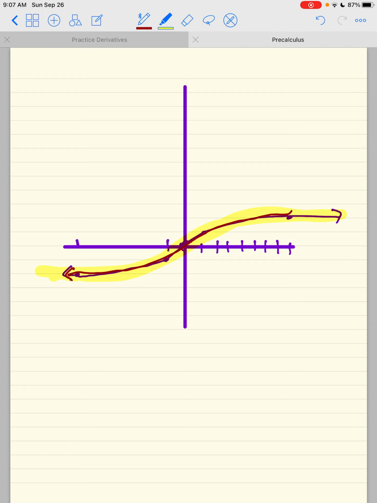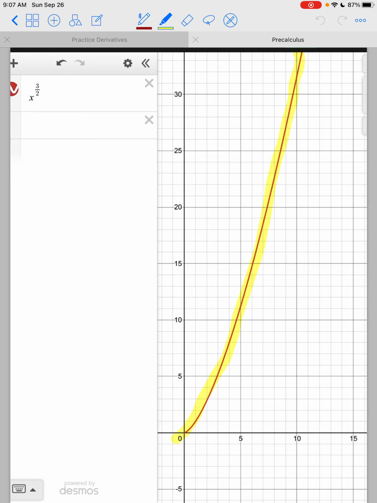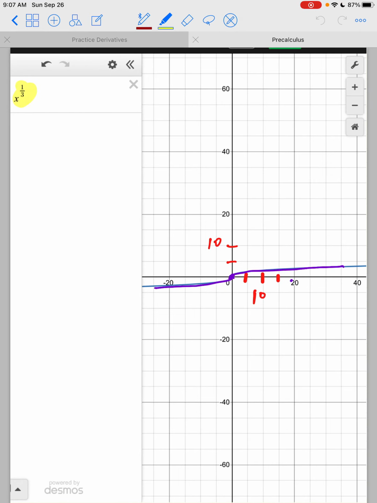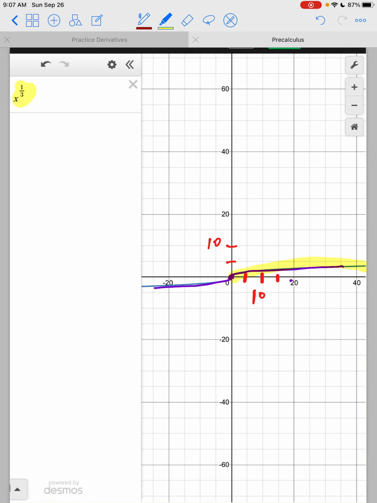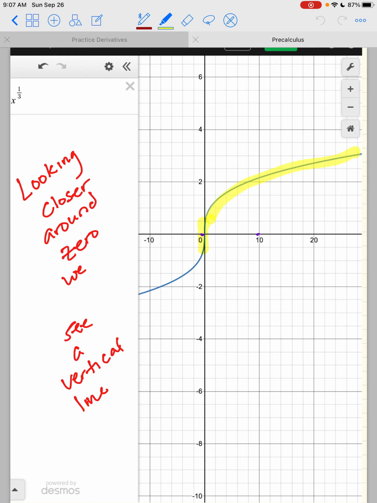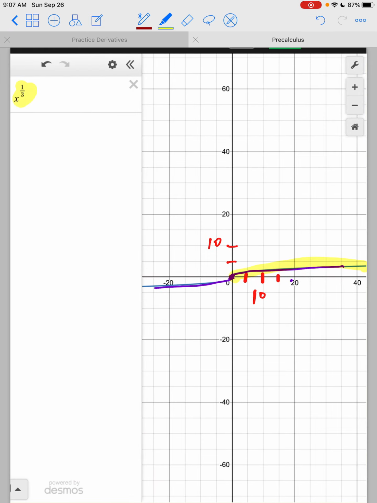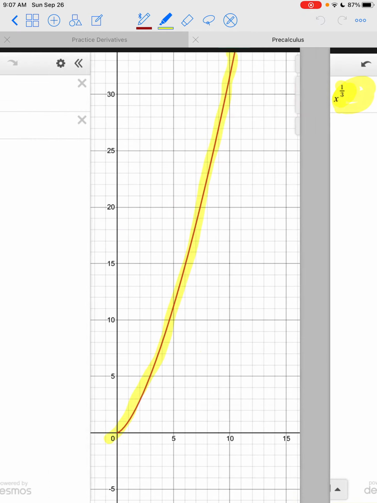The range, believe it or not, you're going to get every single y. It's going to take a long time to get to the y, but you will, okay? You will get all of these y's. So the domain for x to the 1/3 is all real numbers, and the range is all real numbers.